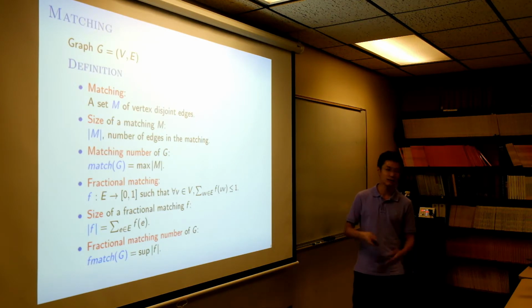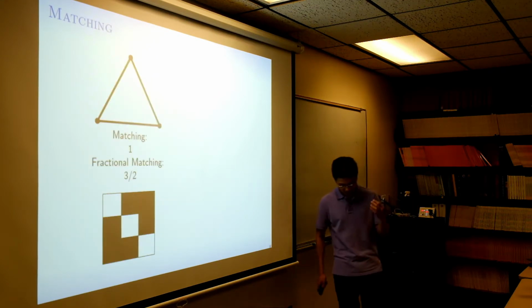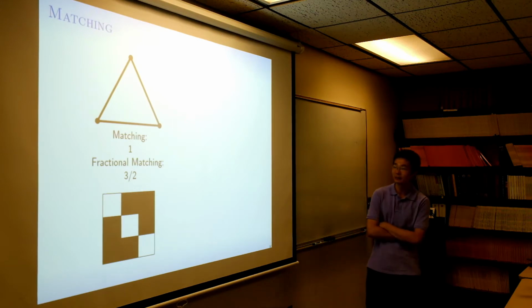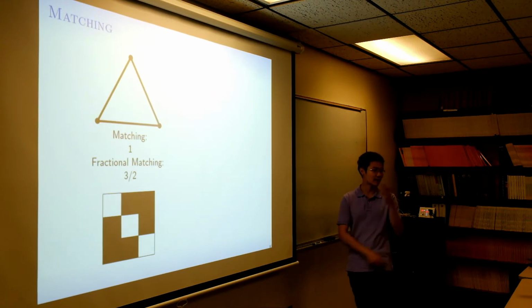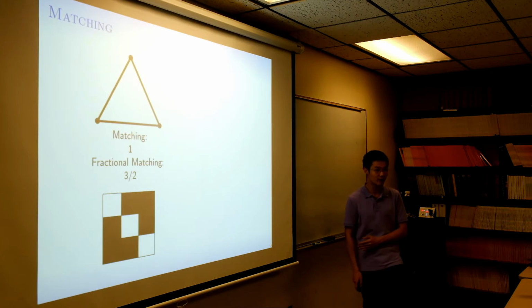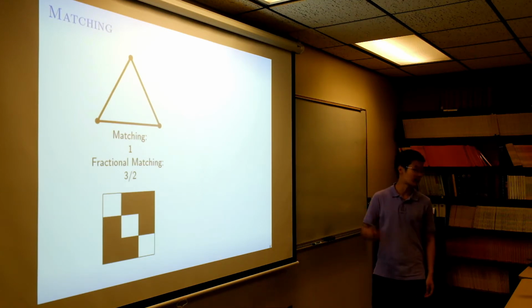But for functions, you have infinitely many, so this is a sup. You will see this later. Let's look at an example: a triangle, a very easy example. The matching number is 1, and the fractional matching number is 3/2, because you can assign 1/2 to each edge. And its graphon is like this.